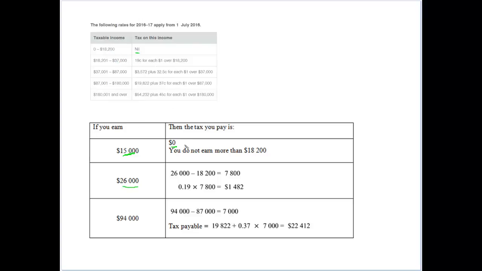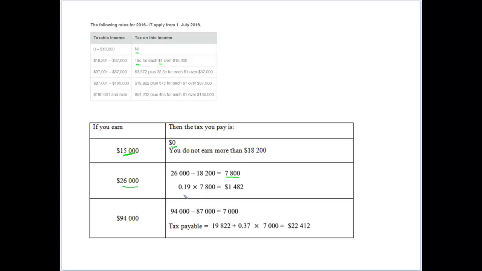So how we calculate this is to say, we only need to find every dollar that's greater than 18,200. So if we take our 26,000, take away our 18,200, that's going to give us 7,800. So that's the amount that we're going to pay taxation on. And we pay taxation in that bracket at the rate of 19 cents for every dollar.